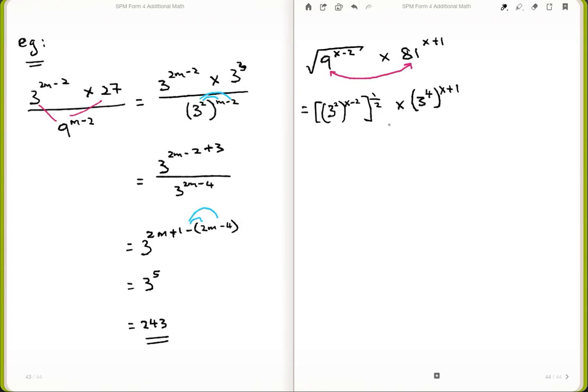I can show you here that once you simplify the number, look for the common factor, simplify it, then the working should be quite straightforward. This is times it in. The 2 and the 2 can be cancelled off. It will turn out to be 3 power x minus 2. Here it times in 4x plus 4. This is plus because of multiply.